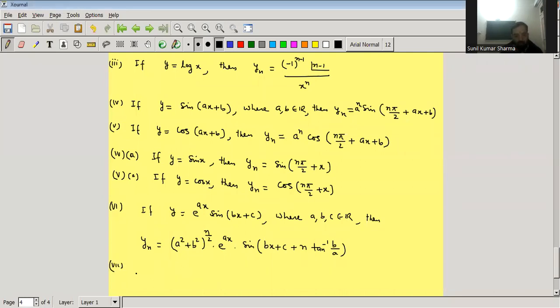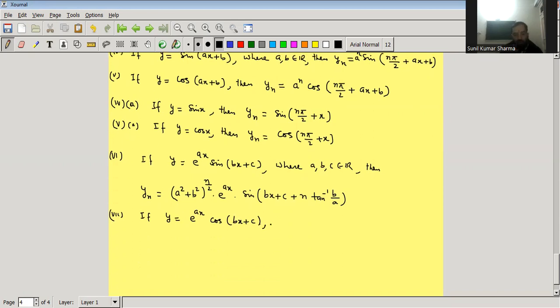The seventh is, if y is equal to e to the power ax cos of bx plus c, where a, b, c belong to R, then the nth derivative is (a square plus b square) to the power n by 2 e to the power ax cos of bx plus c plus n tan inverse b by a.